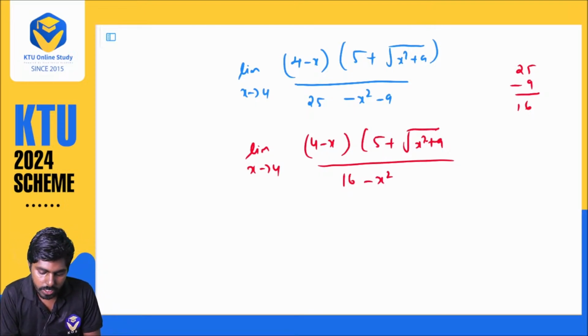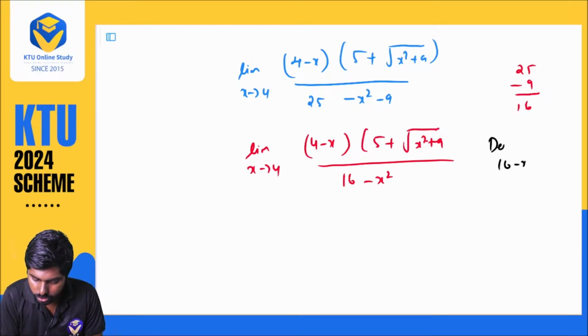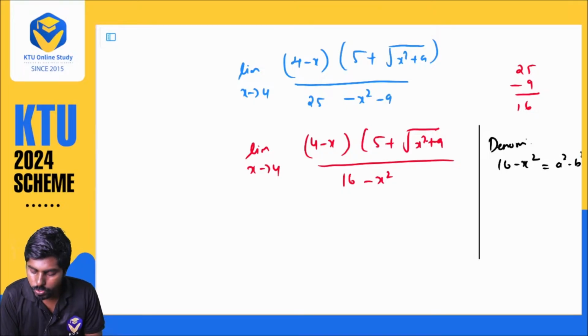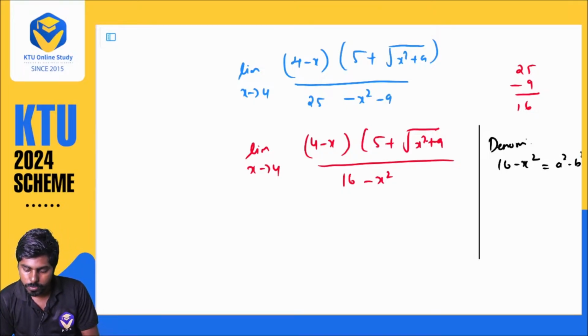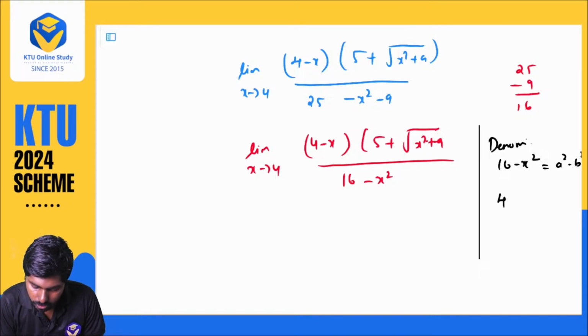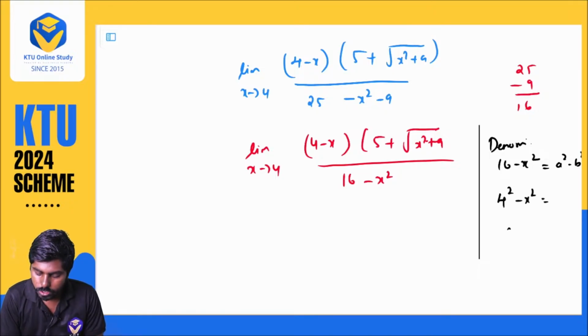What is 16 minus x square? Denominator 16 minus x square, we can write as a square minus b square. Can we write it this way? A square minus b square. That is 16, which is 4 square, minus x square. So a is 4, b is equal to x.